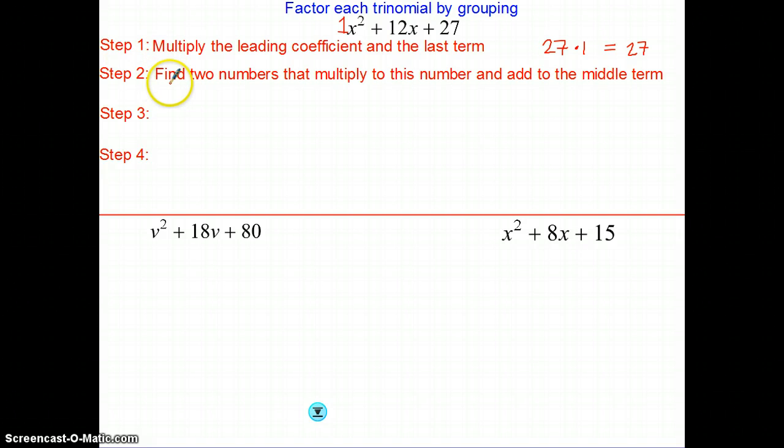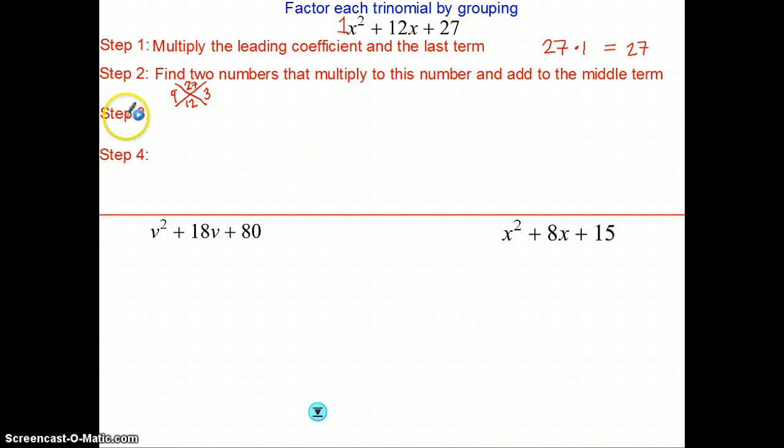Step 2. I am going to find two numbers that multiply to this number and add to the middle term. So this might remind you of your big X. So I'm going to create a big X. I want to multiply to the positive 27, and I want to add to the 12, so I'm going to put that on the bottom. Two numbers that multiply to 27 and add to 12 would be 9 and 3.